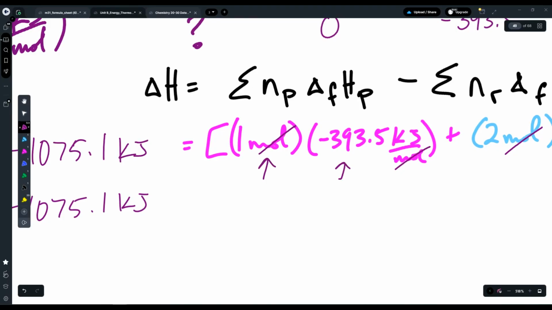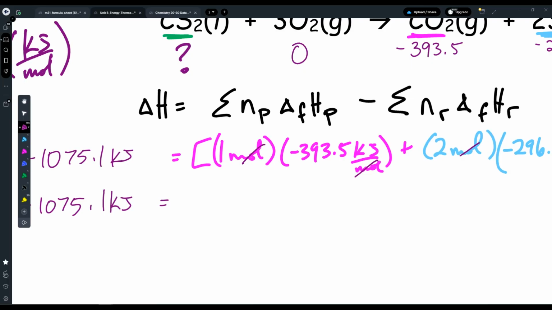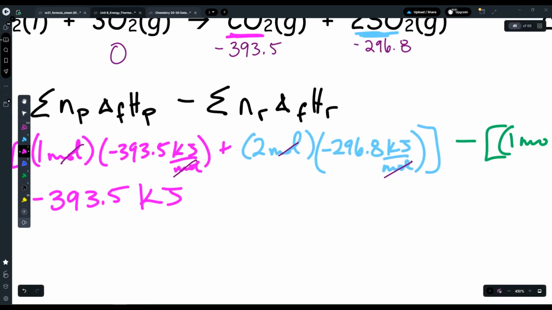Okay, so multiplying 1 and negative 393.5, that's just going to give me negative 393.5. So 2 times negative 296.8, that's going to give us negative 593.6 kilojoules.